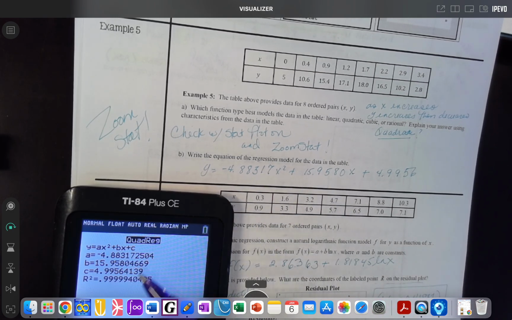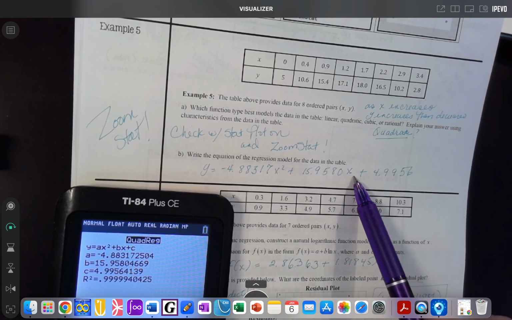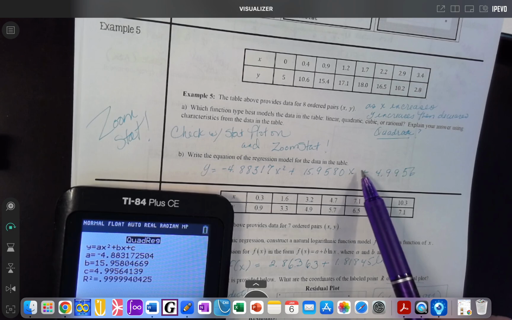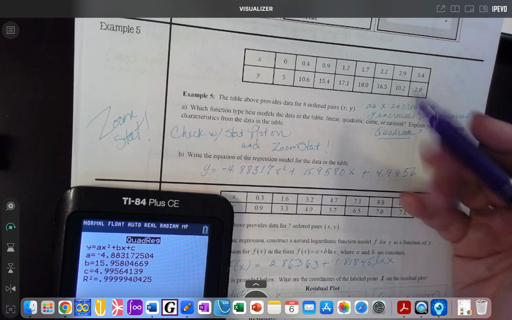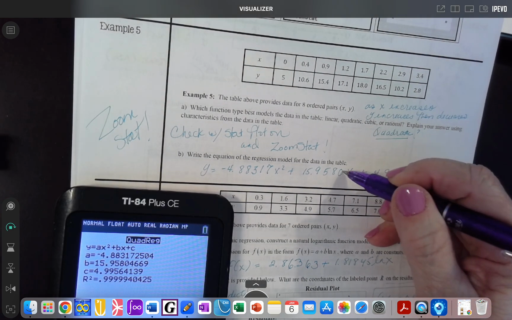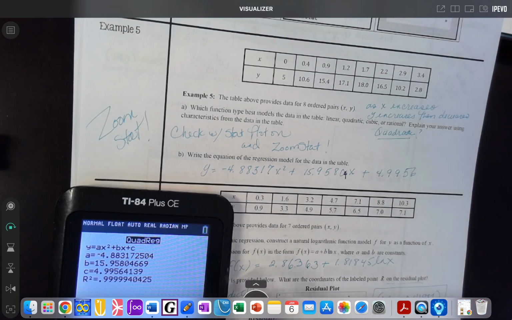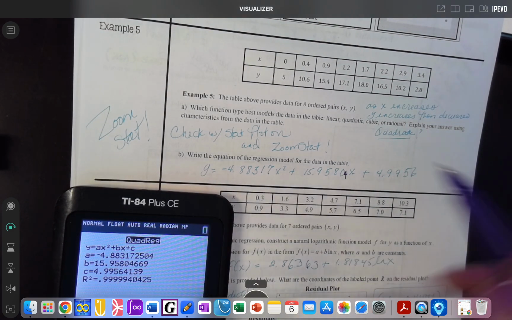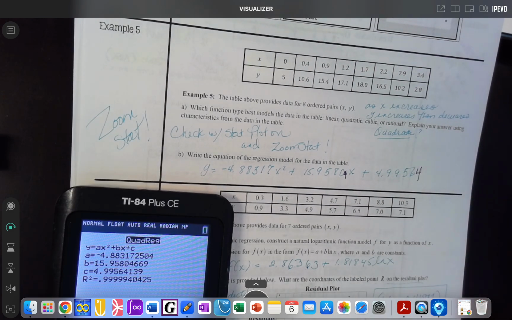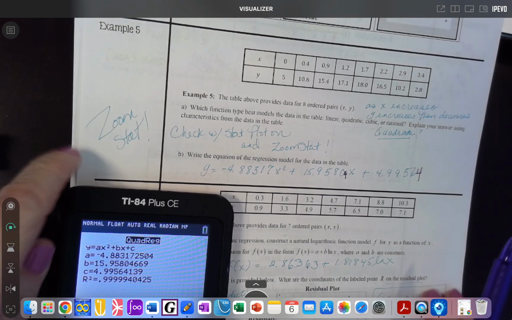Plus 15.9580, and I could have put an 804 to be consistent to 5, x plus, c is 4.99564. All right, so that's the equation for the regression model for that. All right, so that was example 5.